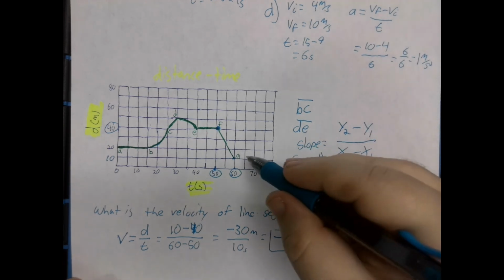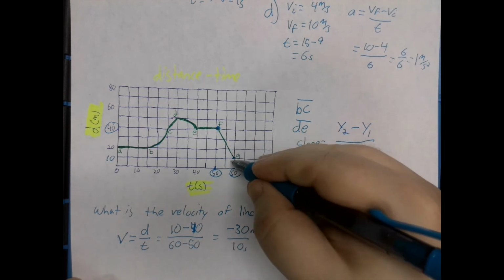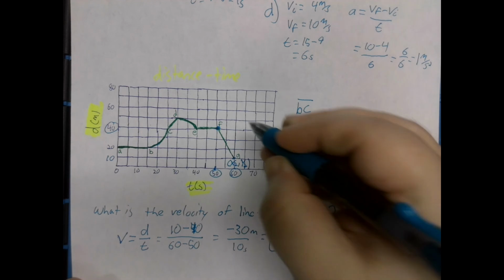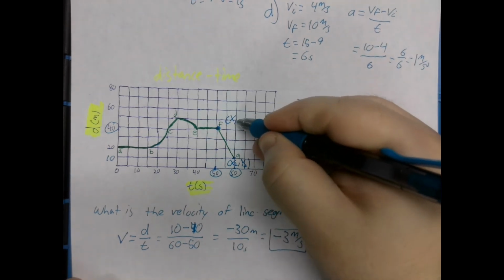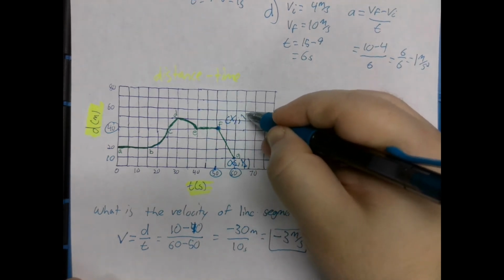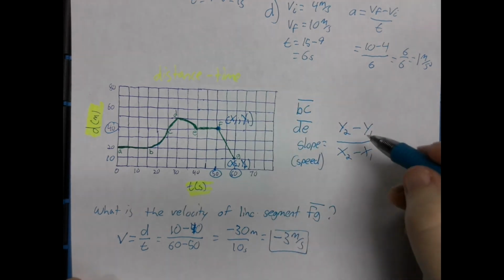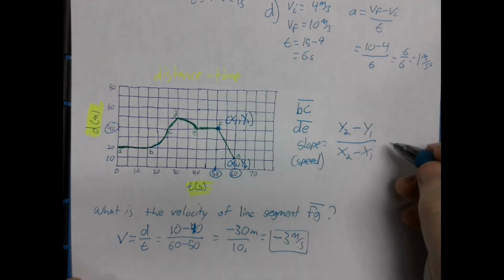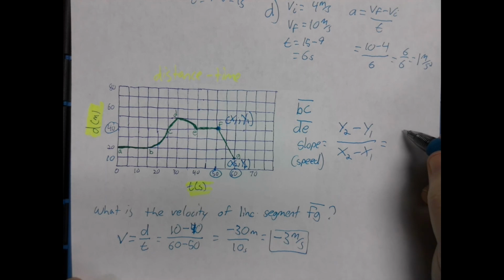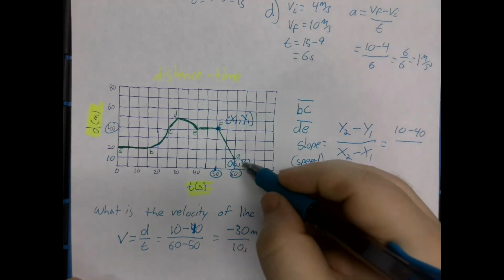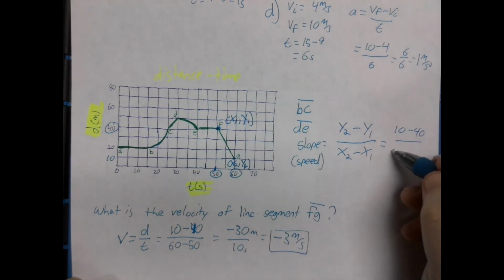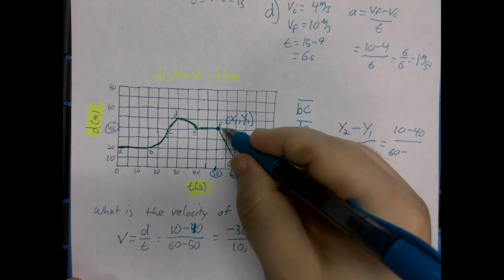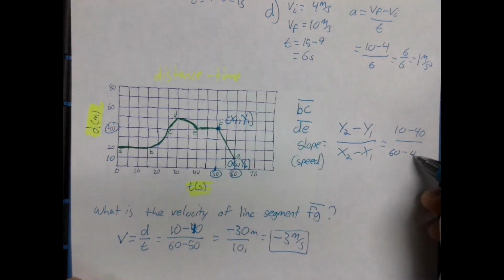So we take our y2, this point right here. So this is x2 comma y2. And this point right here is x1 comma y1. So our y2 value is 10, our y1 value is 40, our x2 is 60, and our x1 value is 50.